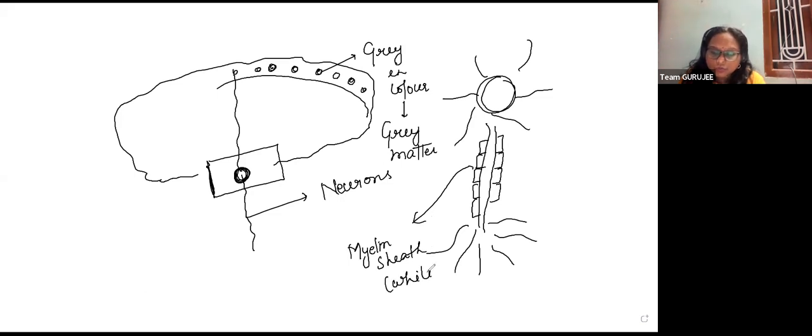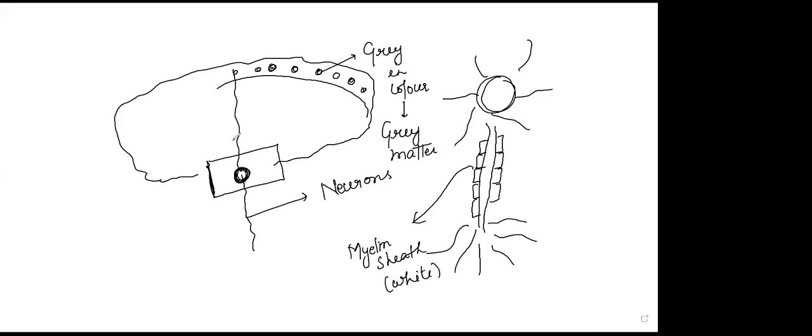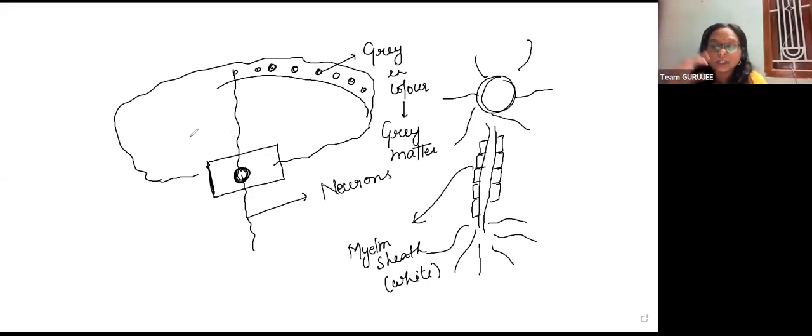That also I told you. What is a myelin sheath? You have to see the last video, my dear. It's a big story. The myelin sheath is actually an insulator which covers the axon. So when you see this myelin sheath, it is white in color.